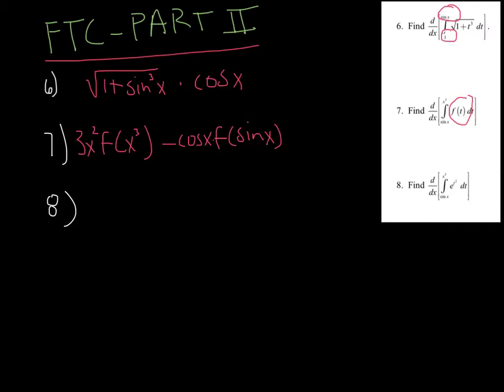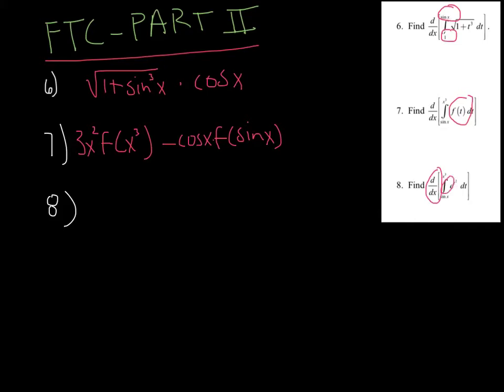Now we have a similar situation, except now we're plugging in to the function e to the t squared. So this is going to be, once again, the idea, don't forget, is that the derivative and the integral are going to undo one another.